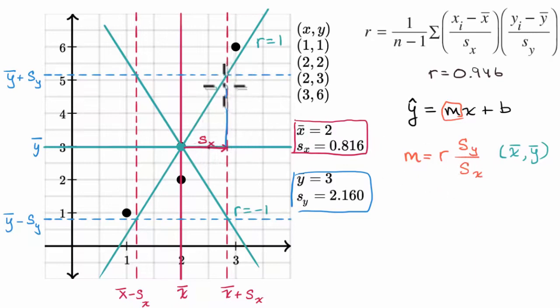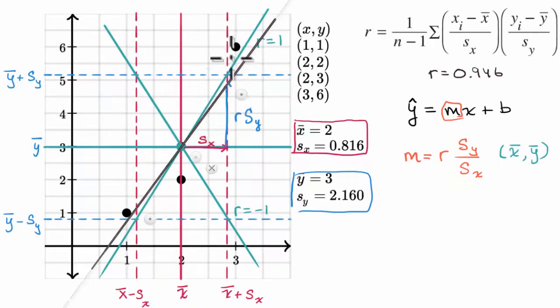Well, you would move up r times the standard deviation of y. And as we said, if r was 1, you would get all the way up to this perfect correlation line. But here it's 0.946, so you would get up about 95% of the way to that. And so our line, without even looking at the equation, is going to look something like this, which we can see is a pretty good fit for those points.